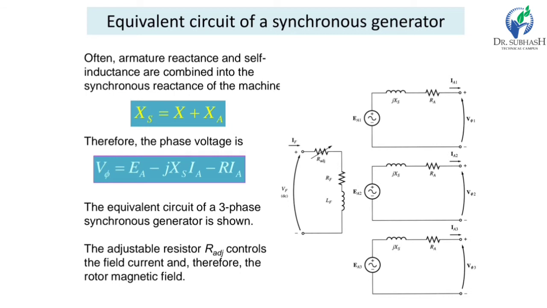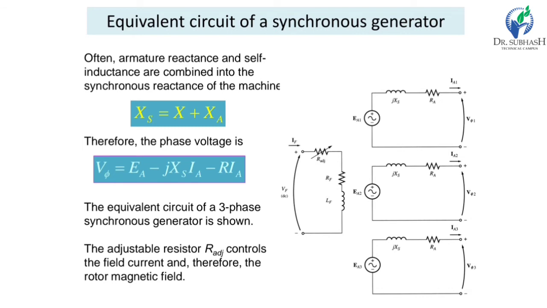Here the figure illustrates the equivalent circuit of the three-phase synchronous generator. The rotor field circuit is supplied by the DC power, which is modeled by a coil of inductance and resistance in series. The adjustable resistance RADJ controls the field current.